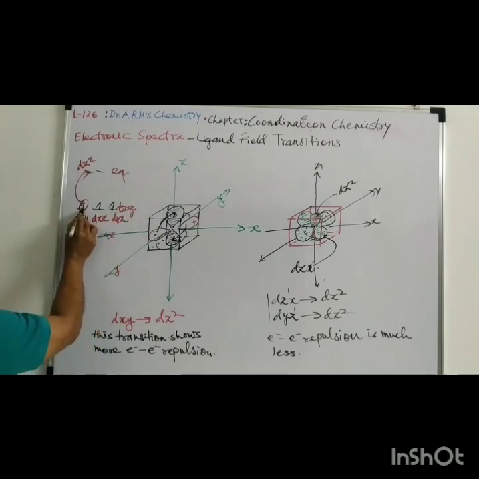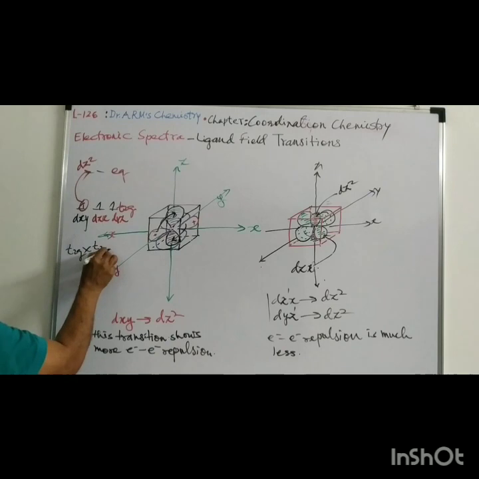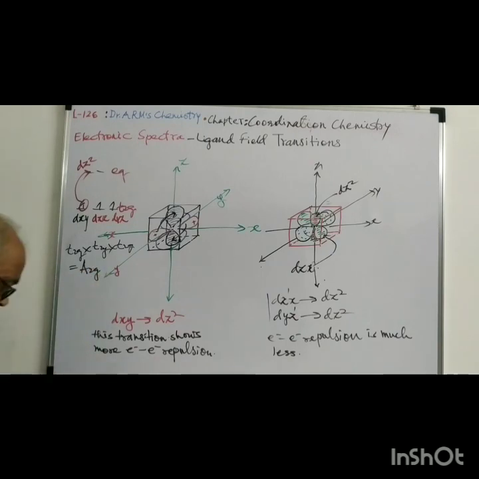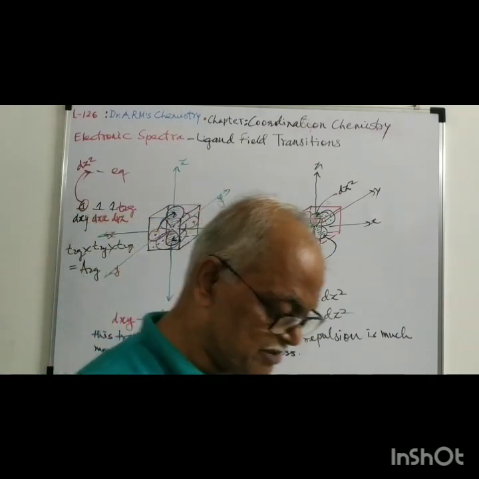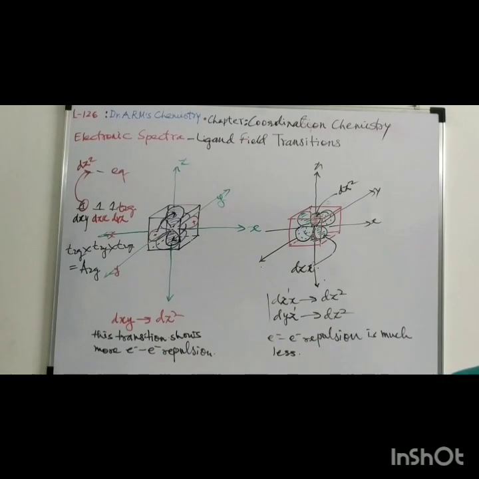So this electron has T2g symmetry, and when T2g into this third T2g gives A2g symmetry. So in this way, the spin allowed transition is shown here.